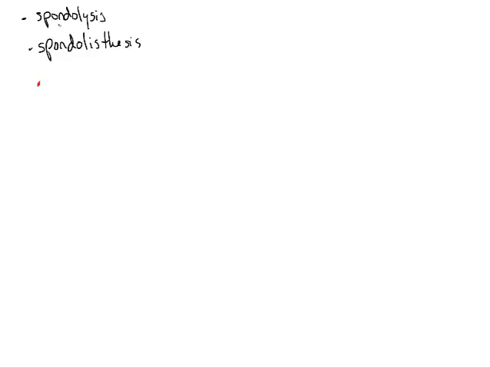Essentially, these two are going to be talking about your pars interarticularis. This is what it's concerned with. And if you guys are confused, this is the neck of the Scotty dog.